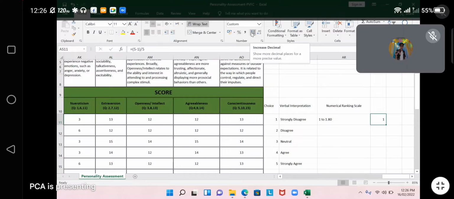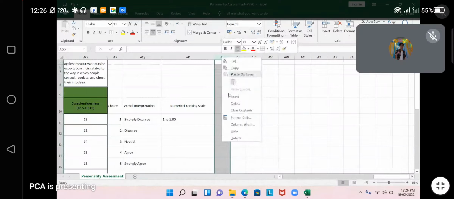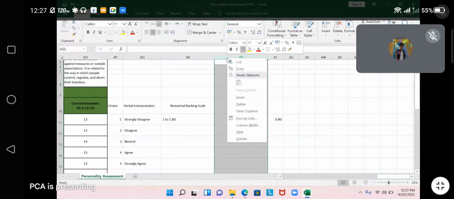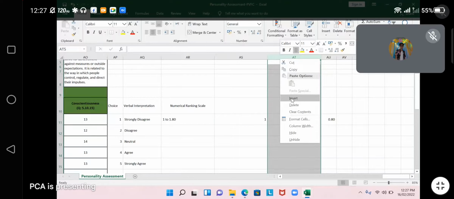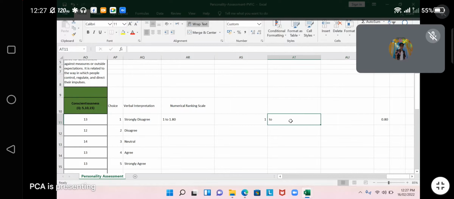We are creating a numerical scale, a ranking scale, and it's like that. It's 0.8, no? Sabi nila, sige, punta tayo dito. Remember this, because if others might be giving a choice or choices that is more than 5, you must remember this. So we start with 1, and then, let's say for instance, 2, and then 0.8.